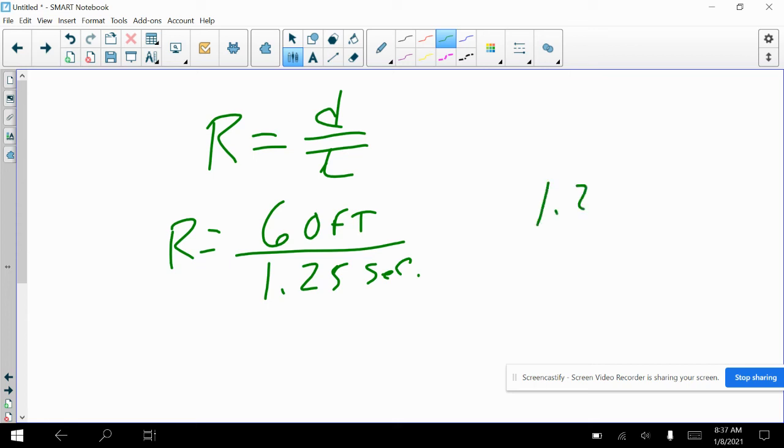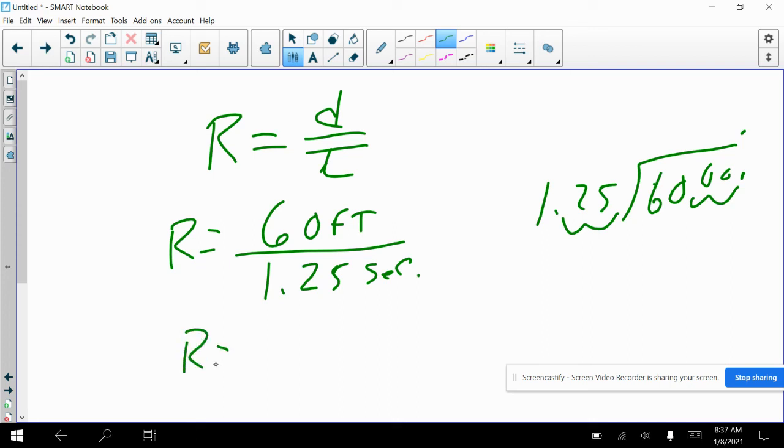And again, over here, you got to do a little bit of side math, right? You got to move the decimal 2 places. I'll do the math for you. You'll be doing it later. So now it's 48 feet every 1 second.